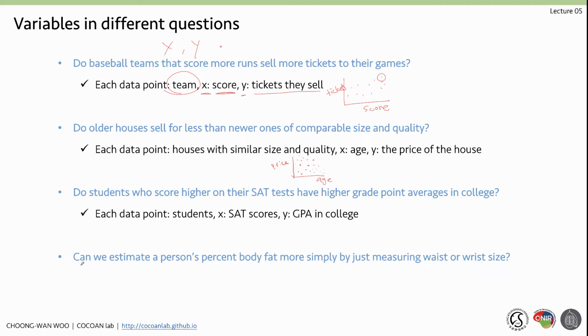The last question is, can we estimate a person's body fat more simply by just measuring waist or wrist size? And each data point should be a person, and x is waist or wrist size, and y is body fat.